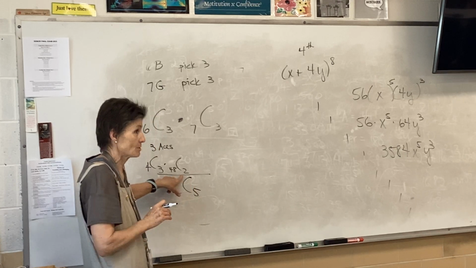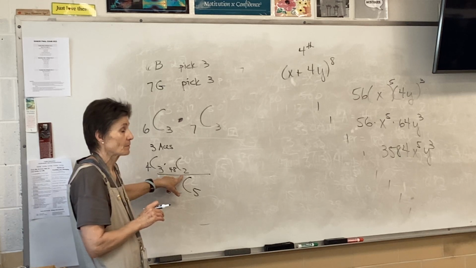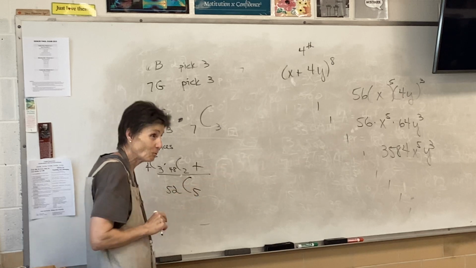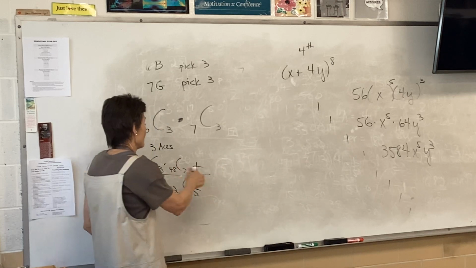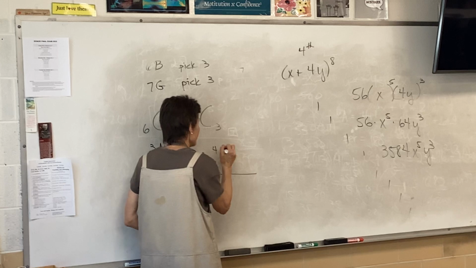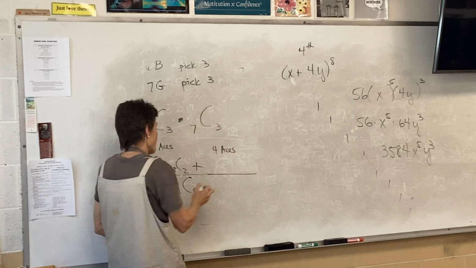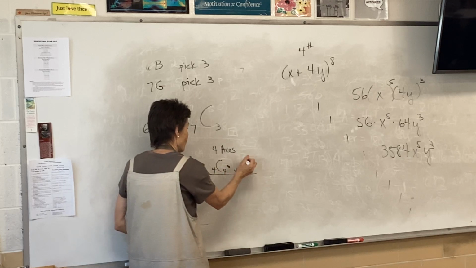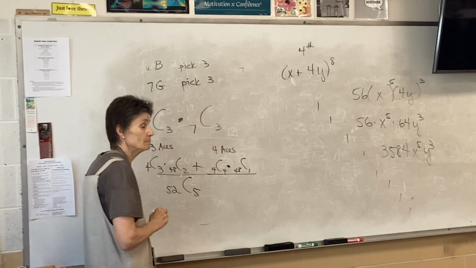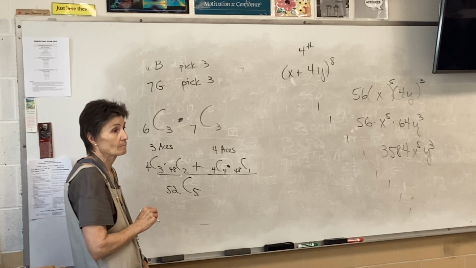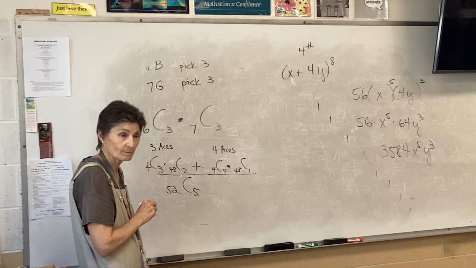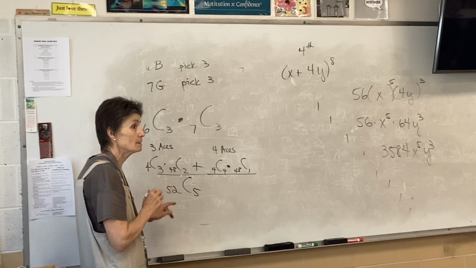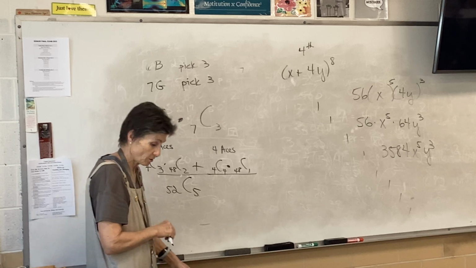And there's 48 cards that aren't aces. Or, have I ever said this before? Yes. Or, what else can happen? I could get 4 aces. So that'll be 4C4 and 48C1. And that's going to be your answer. We don't have time to type all that in, but you'll type all that in, and that will be the answer to the question.